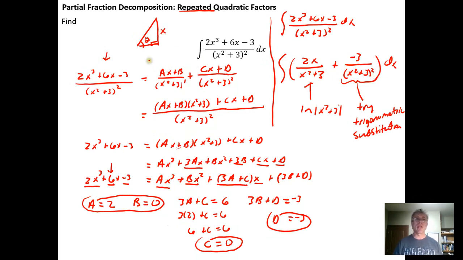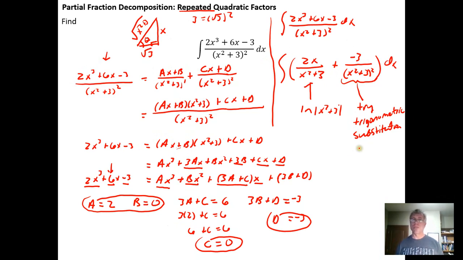So one leg will be x and the other leg will be the square root of 3, because 3 is equal to the square root of 3 squared. And the hypotenuse is going to be the square root of x squared plus 3. So we would need to set up a trigonometric substitution and try to knock this out.